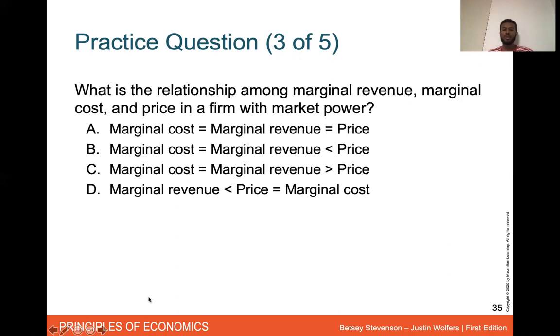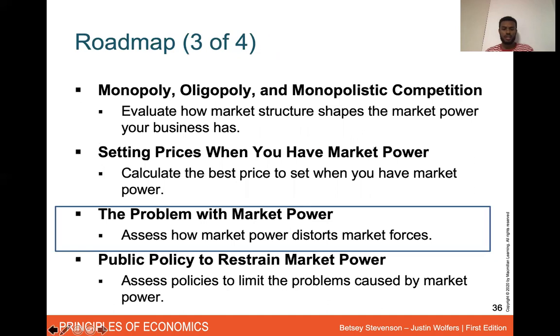Versus in perfect competition, where marginal cost equals marginal revenue, which equals the price. So I believe it's going to be option B, which it is. Yes. Yay. And that's it for this section.